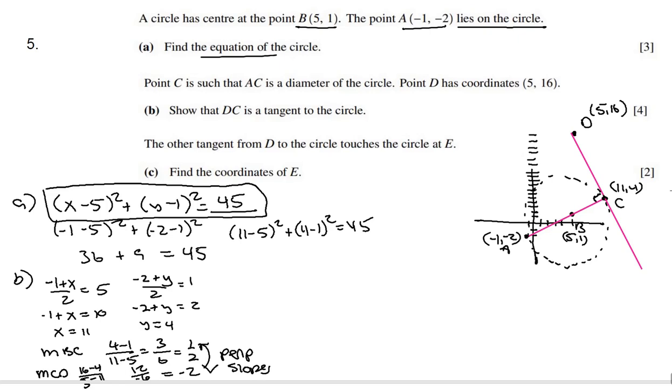This is going to be 36. This is going to be a 9. It does equal 45. So they have perpendicular slopes, and C is on the circle. So if C is on the circle and the slopes of BC and CD are perpendicular, they must be tangent.